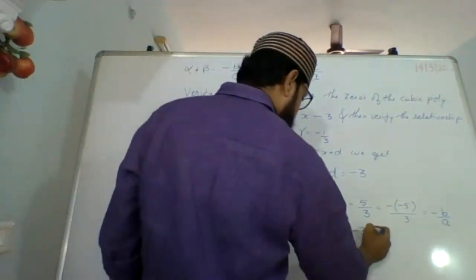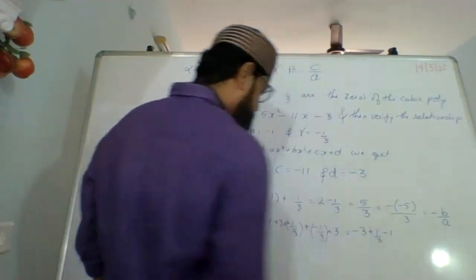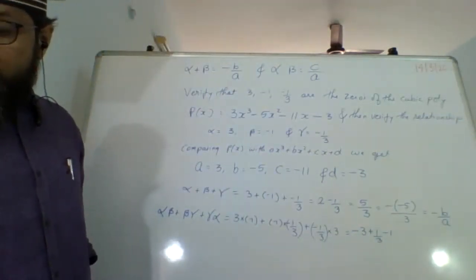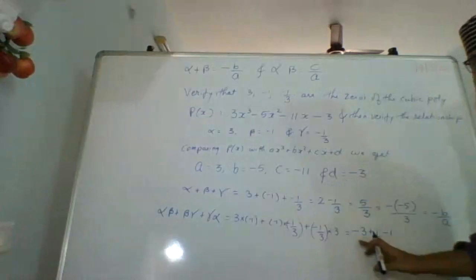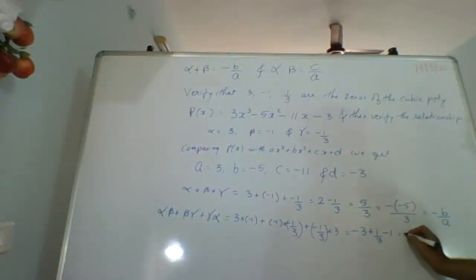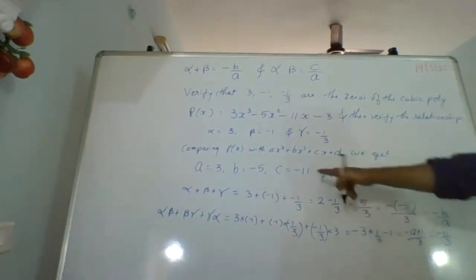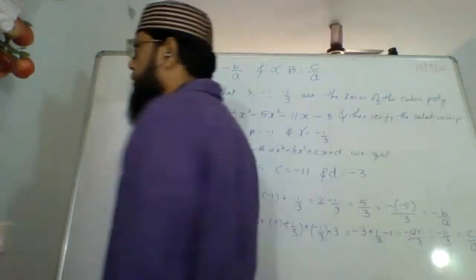Minus into minus is plus 1 upon 3, and 3 and 3 will cancel and become minus 1. So minus 3 minus 1 is minus 4. Minus 4 into 3 is minus 12, plus 1 upon 3, which is minus 11 upon 3. Minus 11 is c, so this is c upon a.